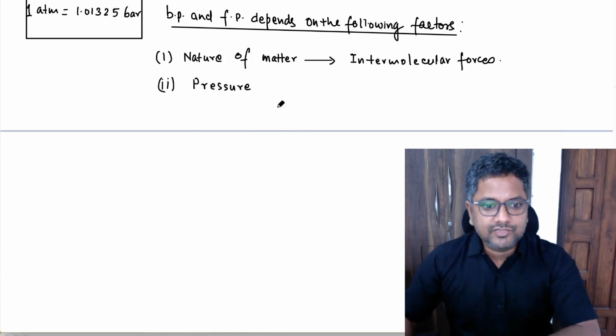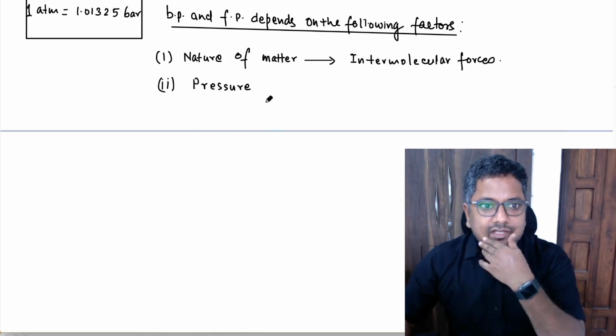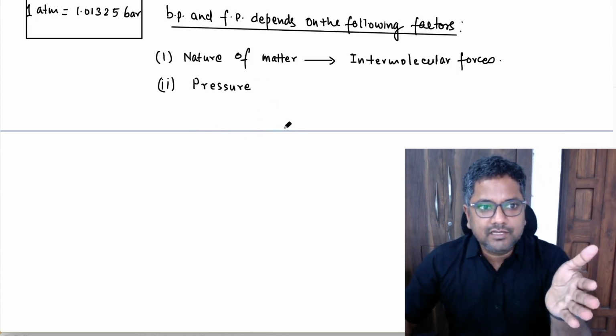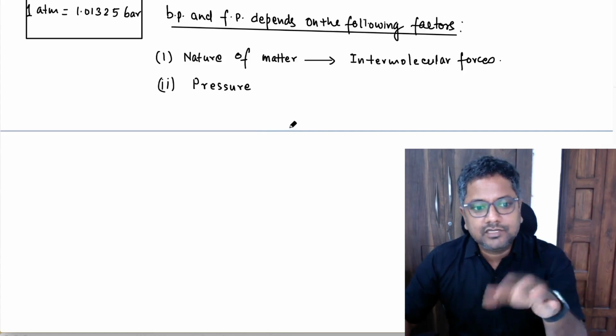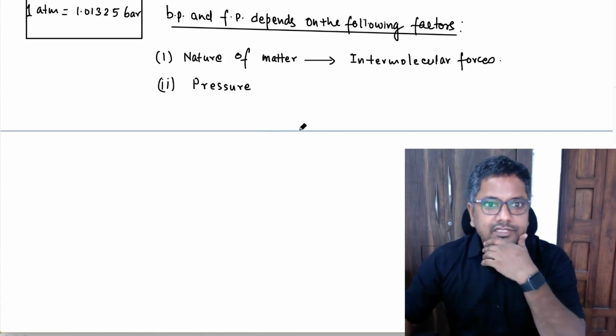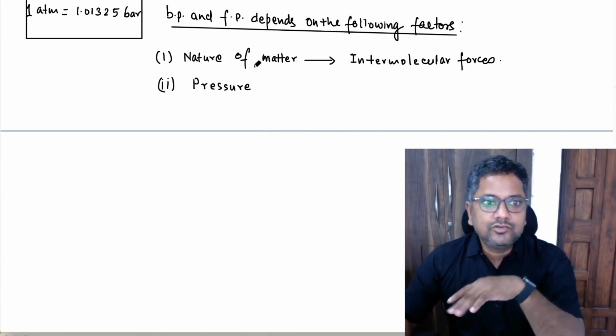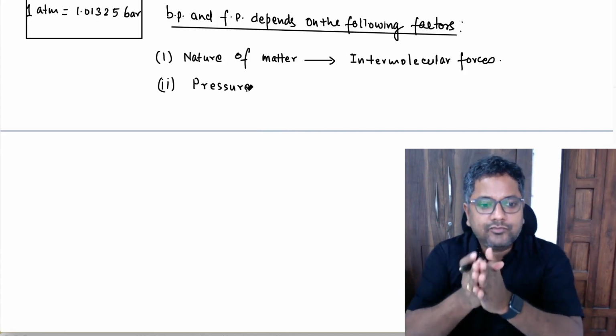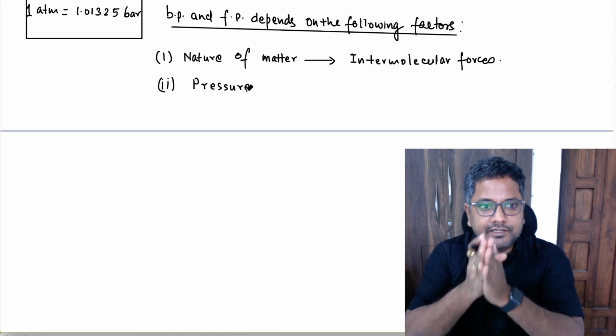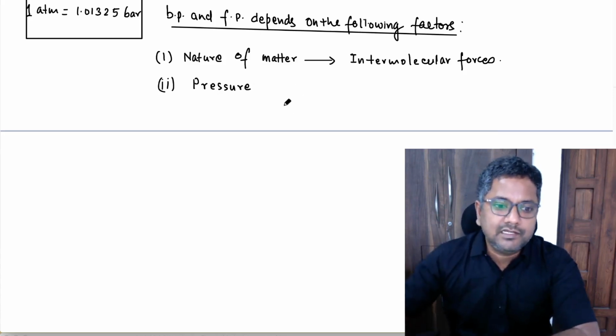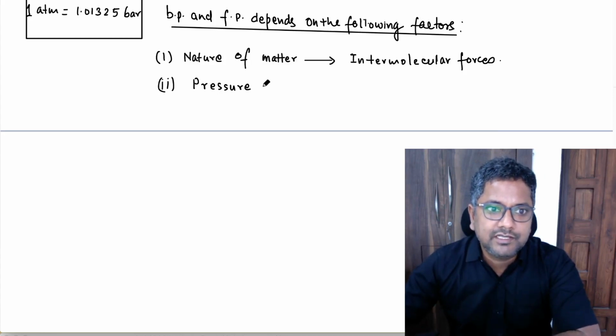If you change the pressure, then the freezing point and boiling point will change. So mainly on two factors this depends, pressure and, more precisely, vapor pressure.